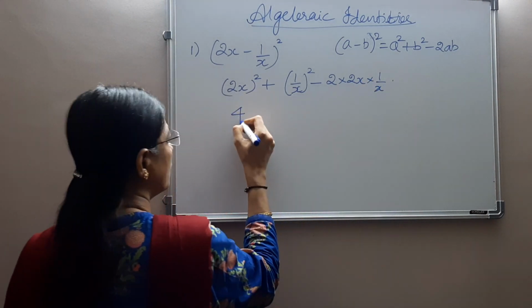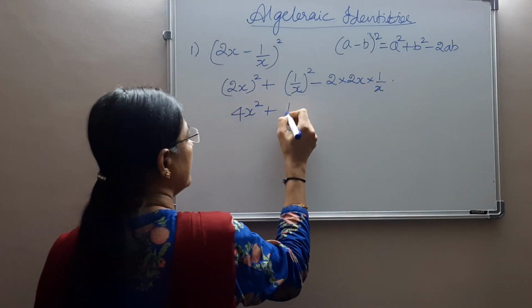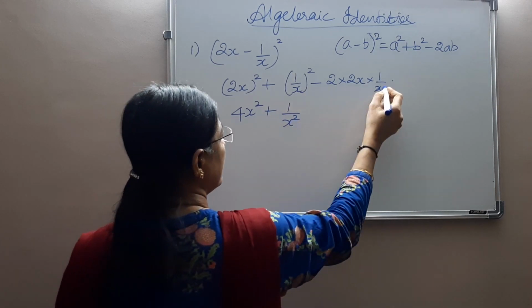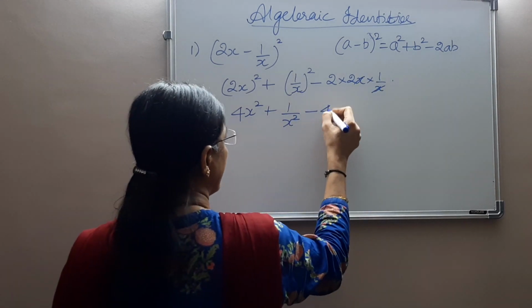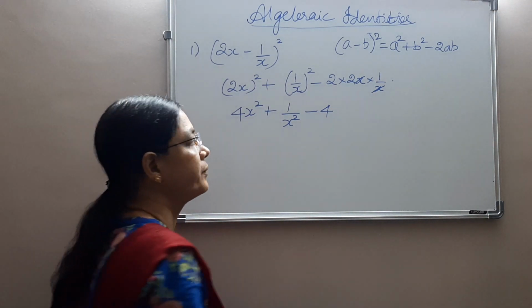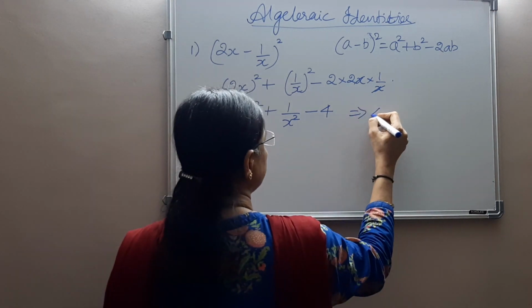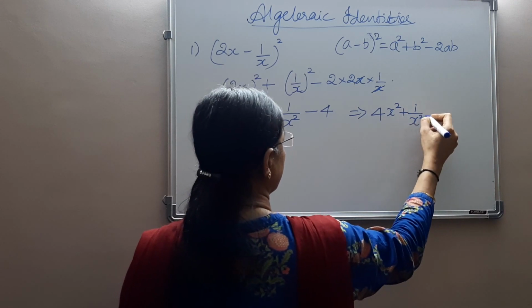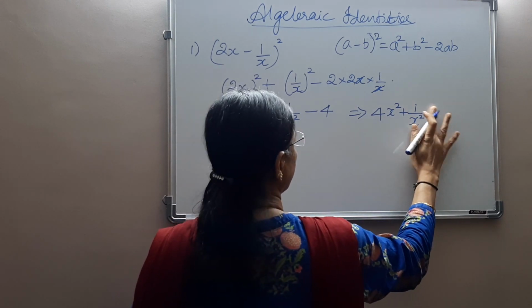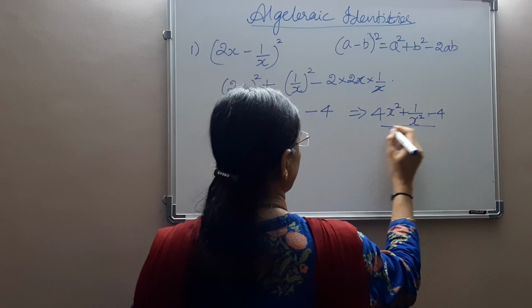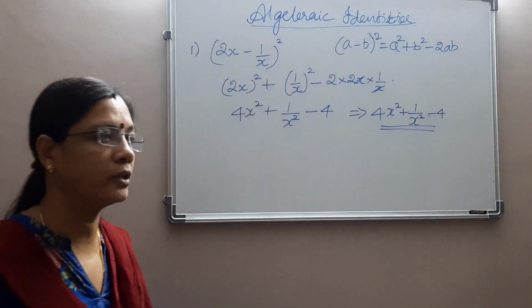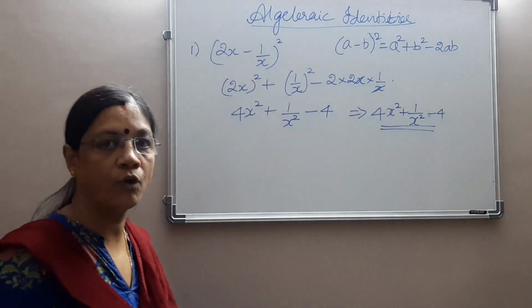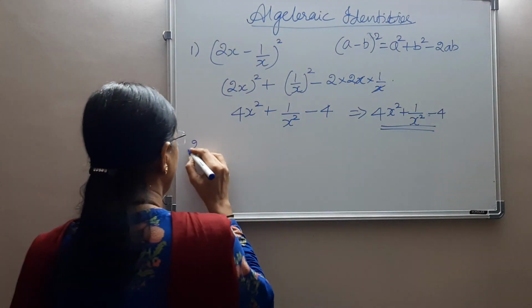What is 2x the whole square? It is 4x square plus 1 by x square. X gets cancelled, so you have minus 4 here. So 4x square plus 1 by x square minus 4 will be your answer for the given problem. So it follows the (a minus b) the whole square identity.